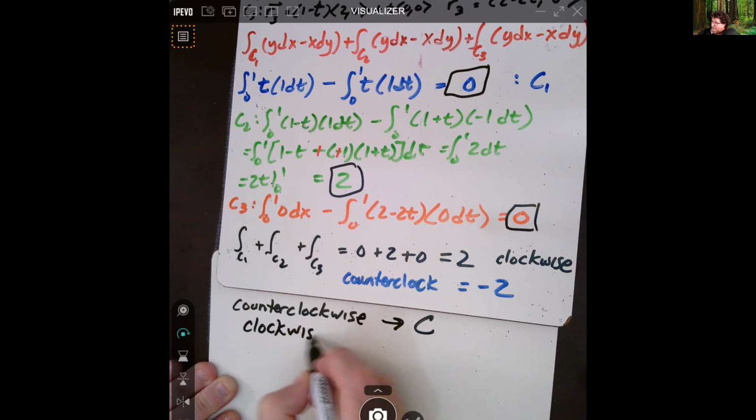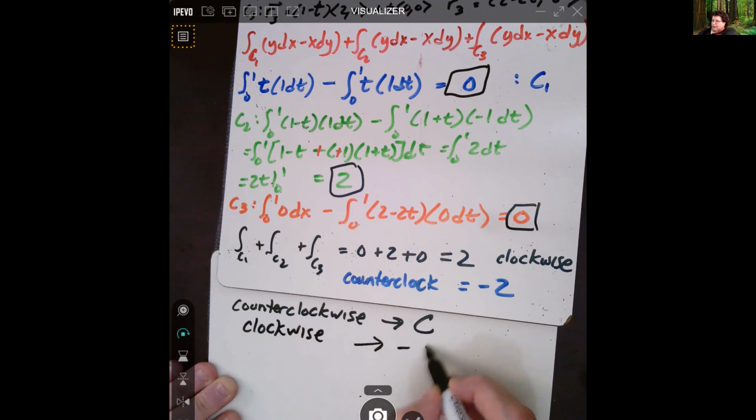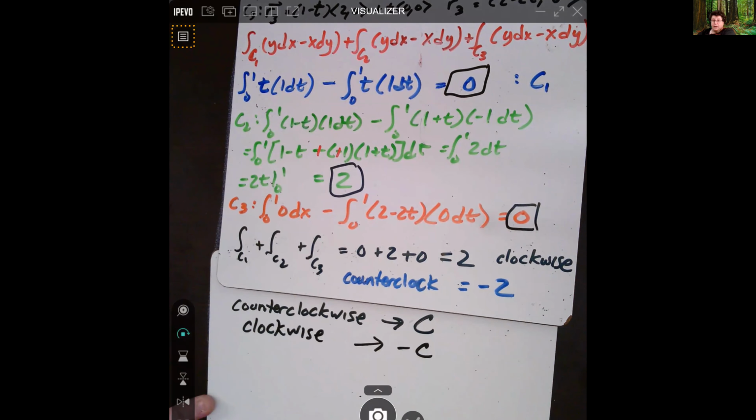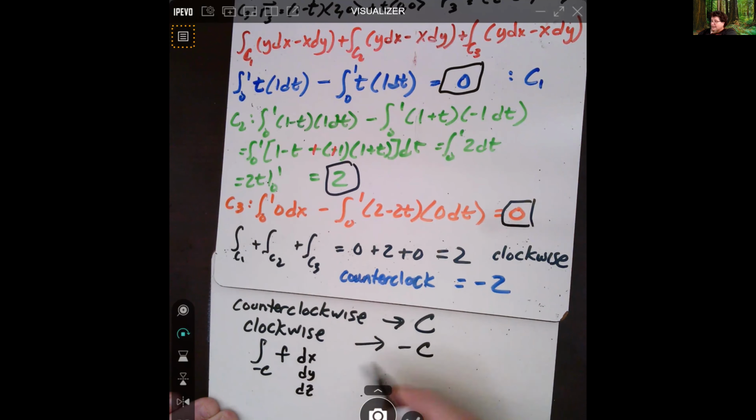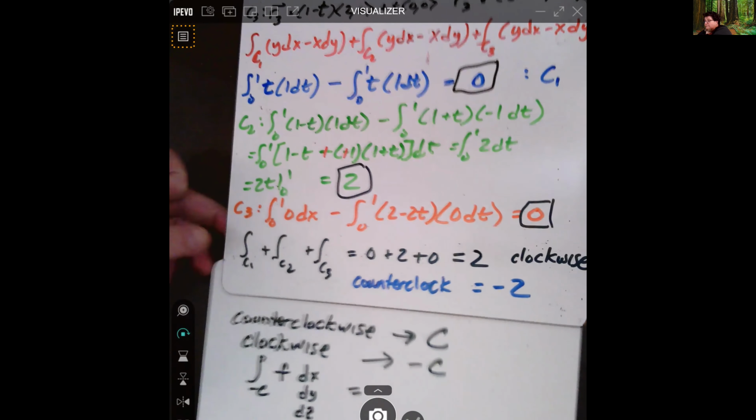Clockwise, going backwards, is effectively going -C. So for doing the backwards curve, for f of any of them, dx, dy, or dz, it's the same thing.